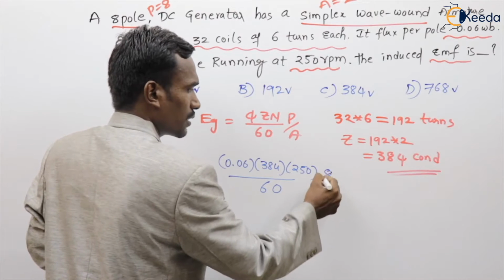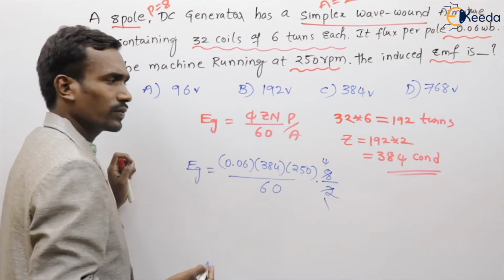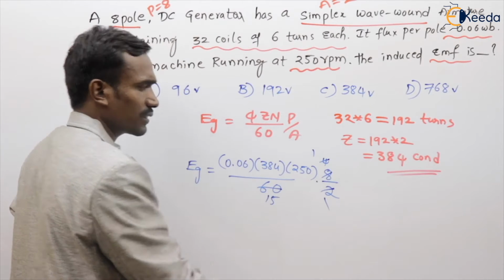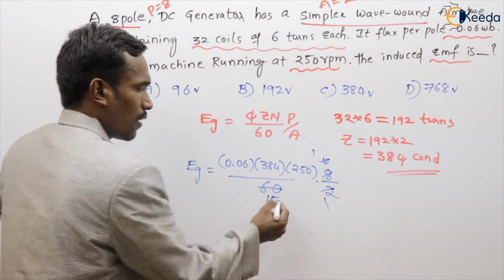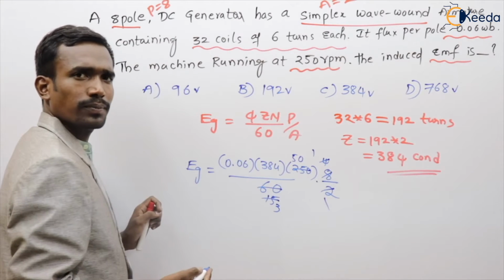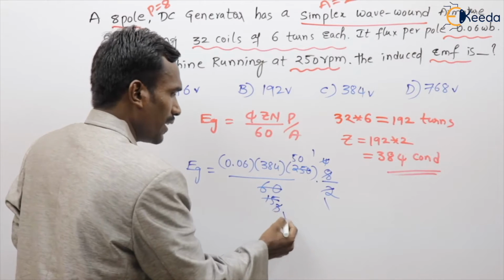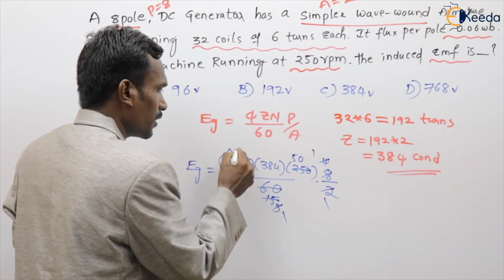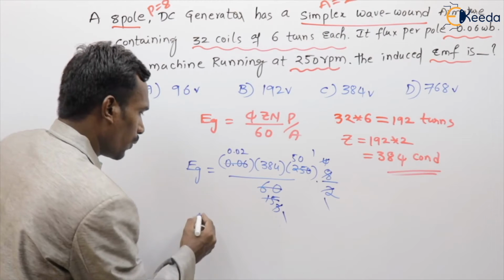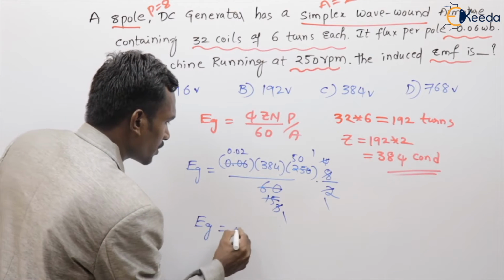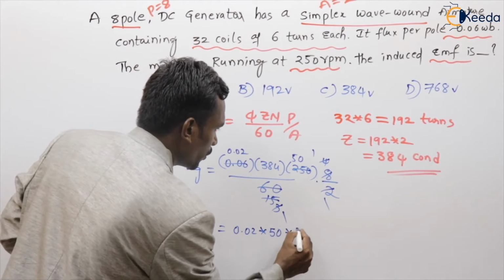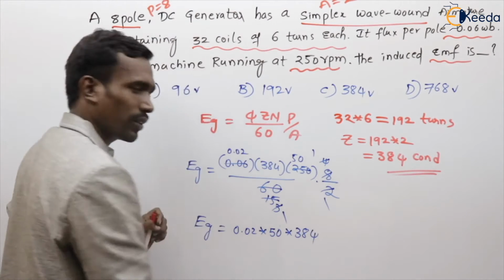Simplifying, we get 0.02. So what is our answer finally? 0.02 into 50 into 384.